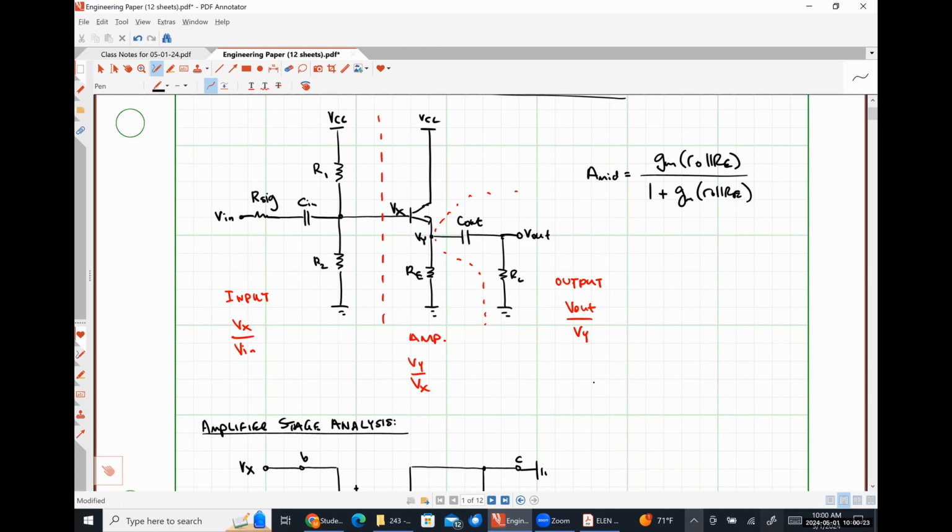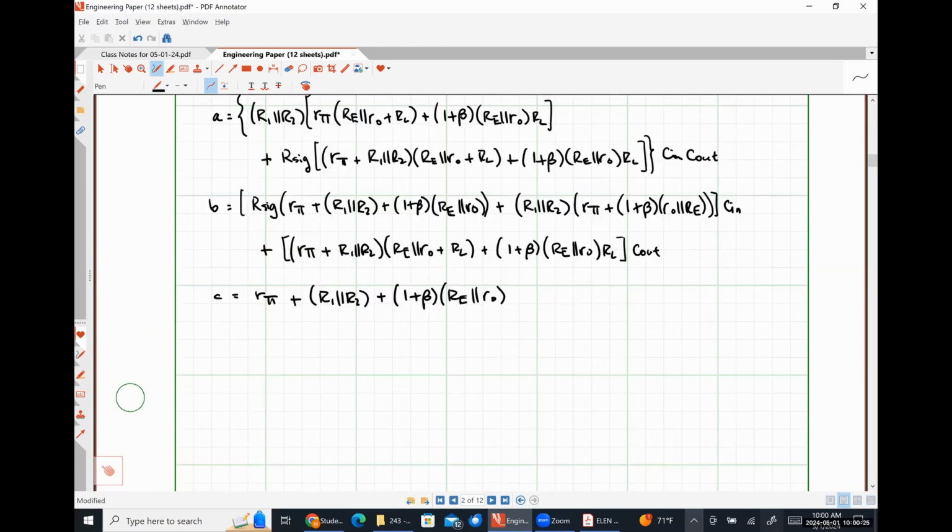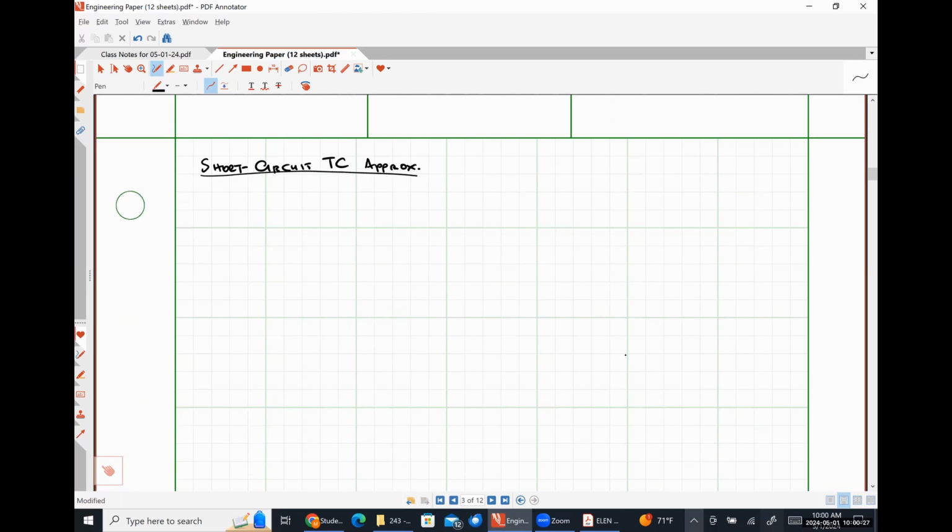So from that, let's see. Cn will see, here is our capacitor. Over here, we have our resistance, R sig. Here we have R1 in parallel with R2.